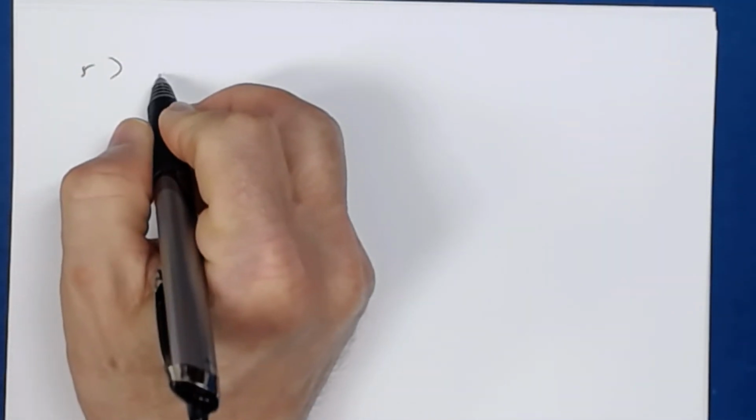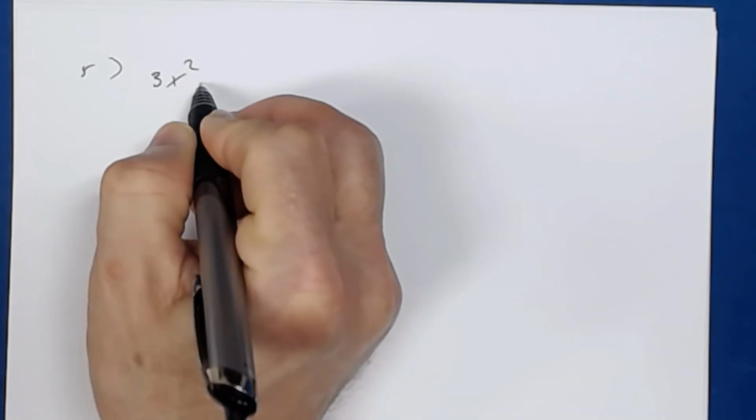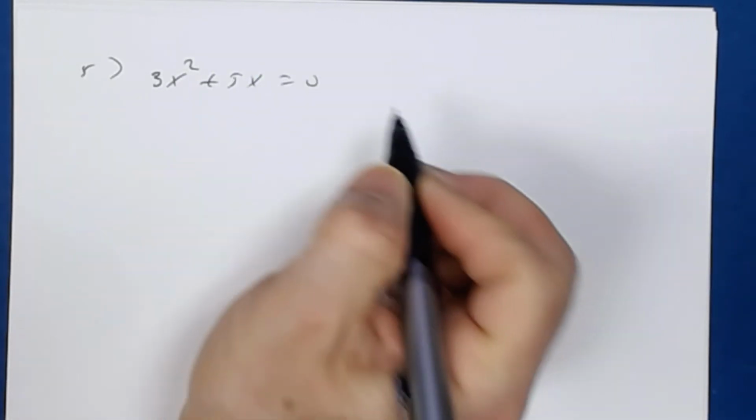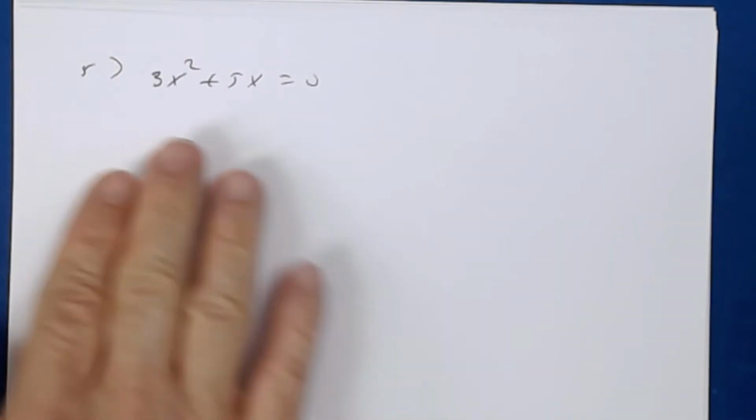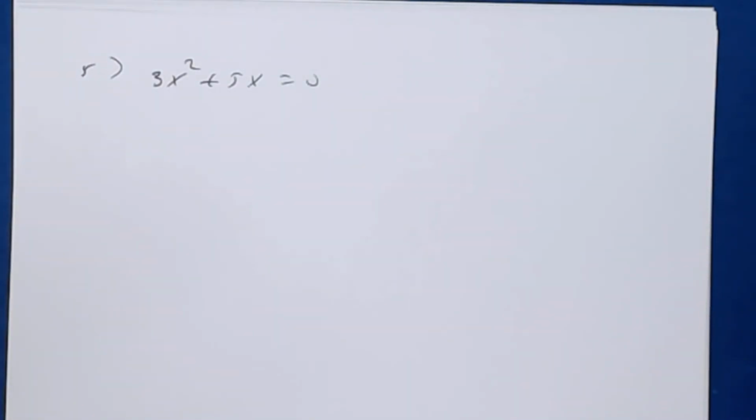Number 5. Okay, number 5, let's suppose we had this. We had 3x squared plus 5x equals 0. Okay, so you all agree, first of all, that this is already in standard form, right? You may say, yeah, but the c's missing, the constant's missing.